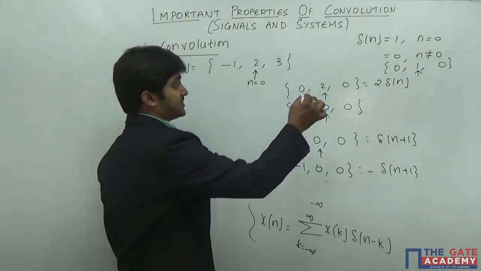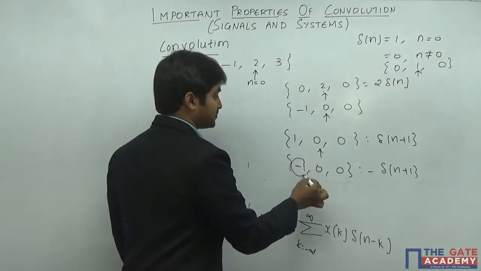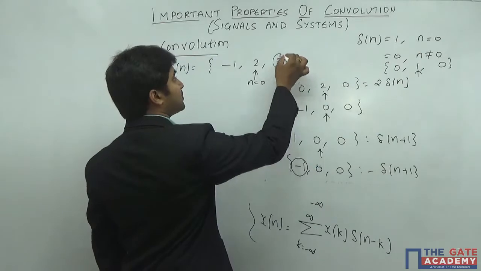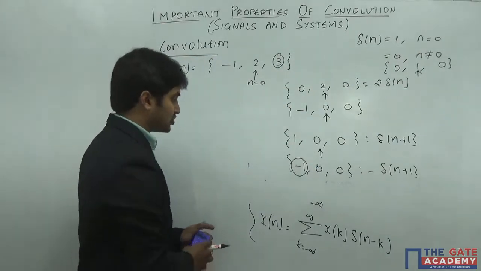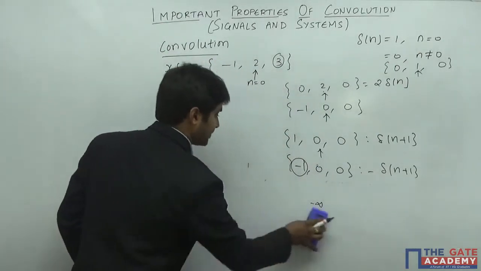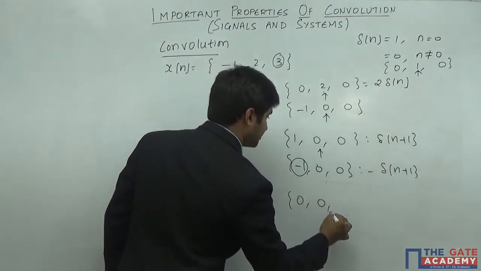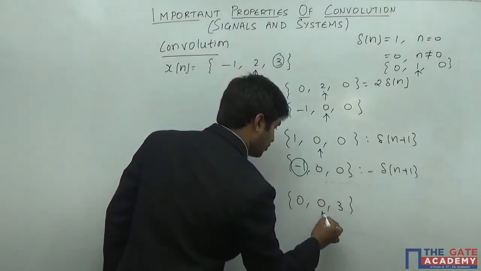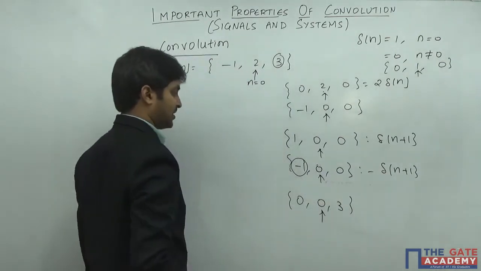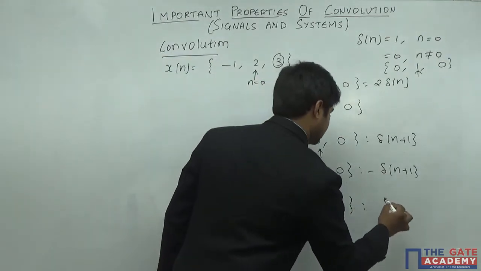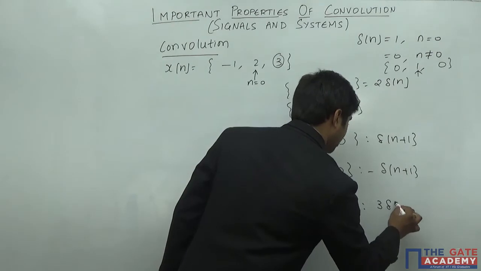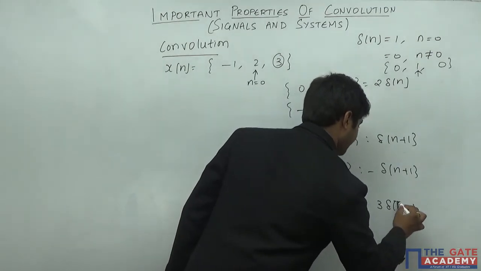So I am able to represent this 2, I am able to represent this minus 1, and similarly I can also represent this 3. To represent this particular 3, I can write 0 comma 0 comma 3 where the arrow is present here. Now this is nothing but 3 into del of n minus 1.